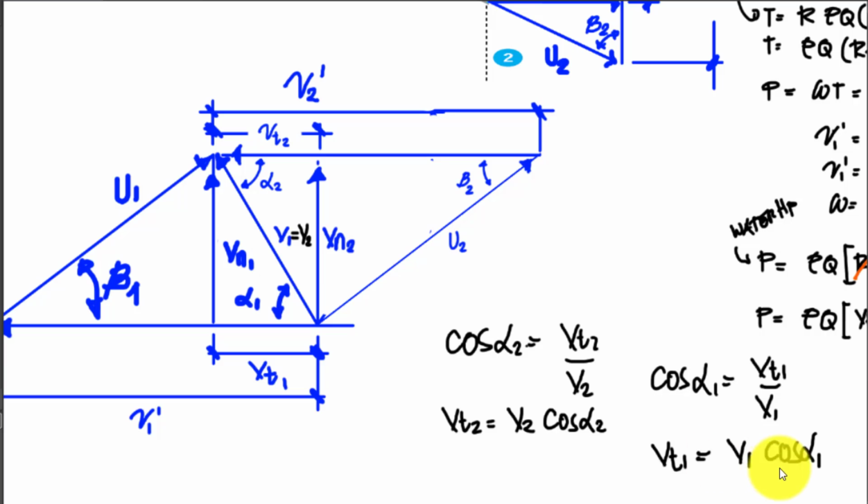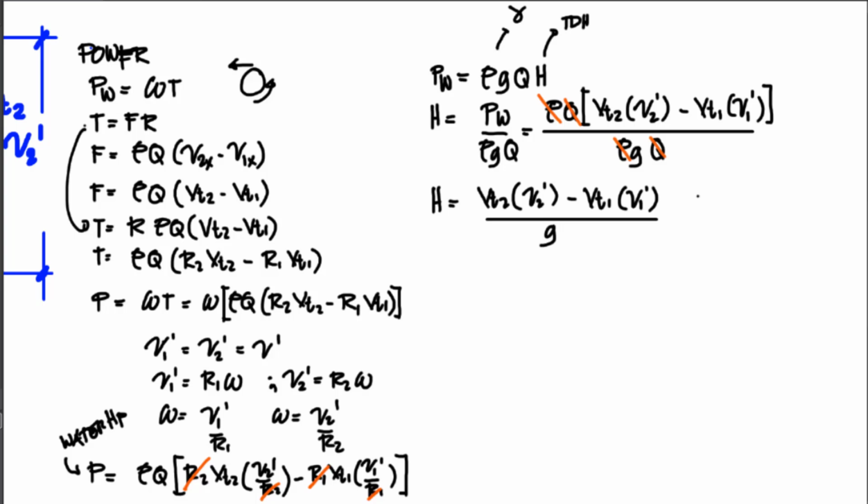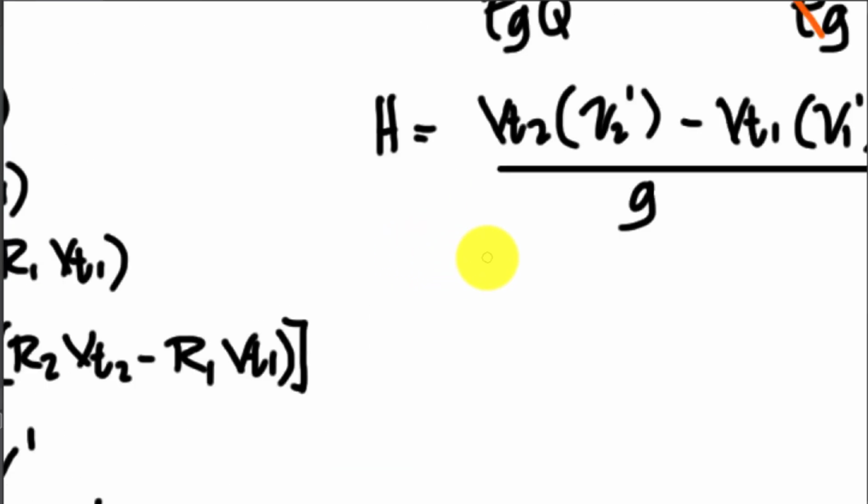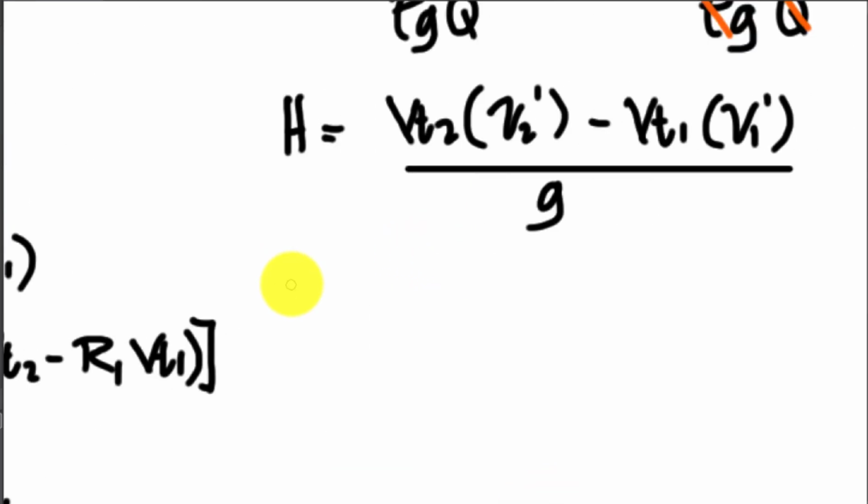Now, the values here, substituting to our previous equation, so we can rewrite your head value. So I can say that my head, so that will be the value of the tangential velocity 2, which is velocity 2 times my cosine of alpha 2.